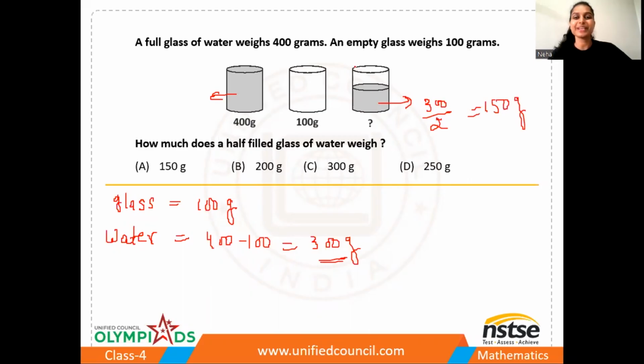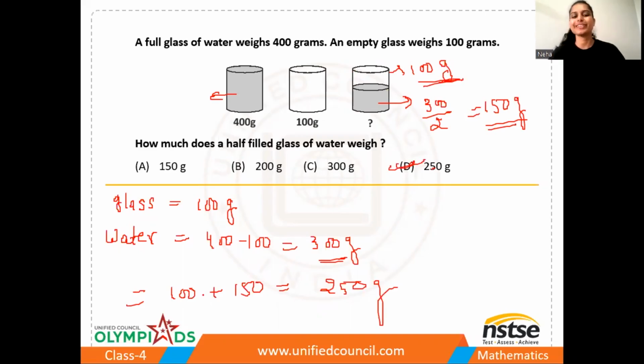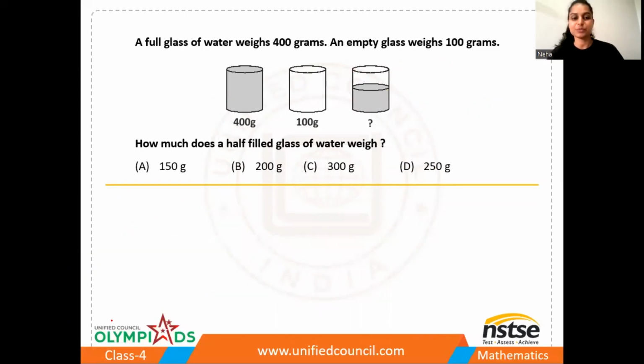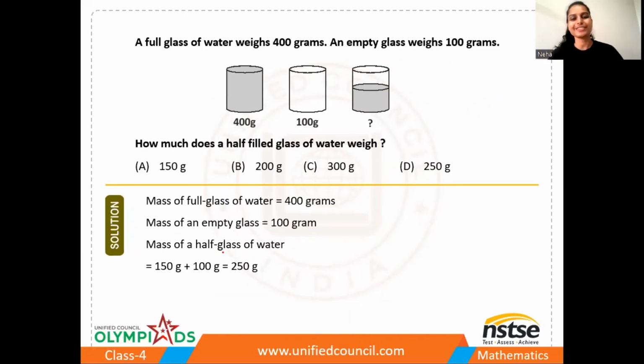The weight of the glass is 100 grams. So the total is 100 plus 150, which is 250 grams. Yes, option C is your right answer. The question is quite interesting and quite conceptual.